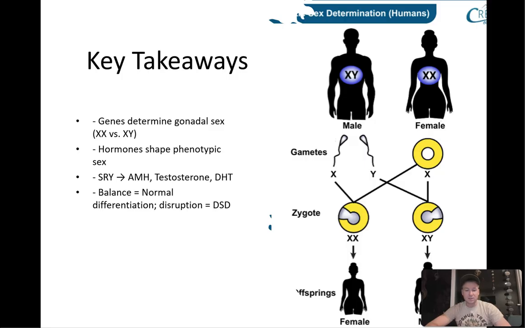When either genetic signaling or hormonal activity is disrupted, the result can be a wide range of developmental outcomes, highlighting the delicate balance that underlies human reproduction. Understanding this process isn't just anatomy, it gives us an insight into endocrinology, genetics, and human diversity.